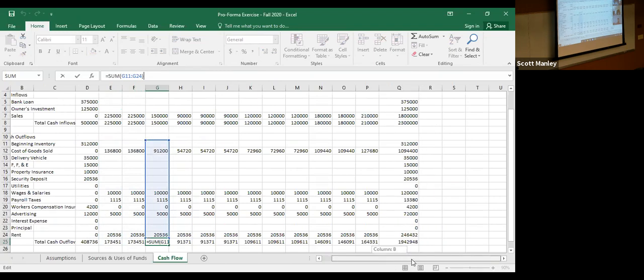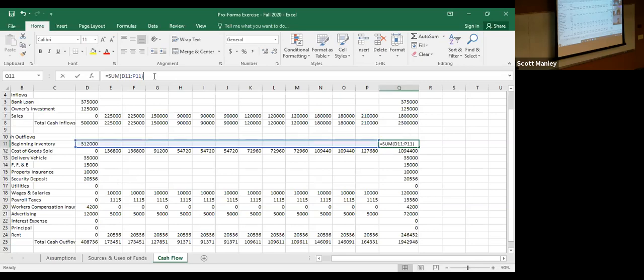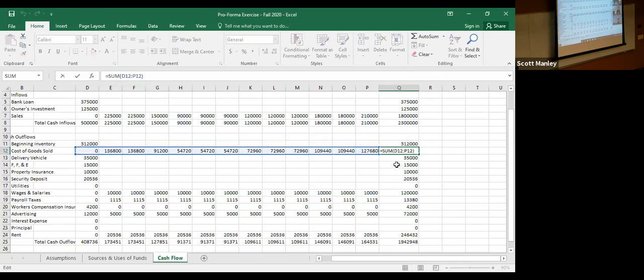Similarly, in your total column, the number that's in that total column is going to be all of the stuff to the left of it. Correct? D11 through P11. E11, or excuse me, D12 through P12.